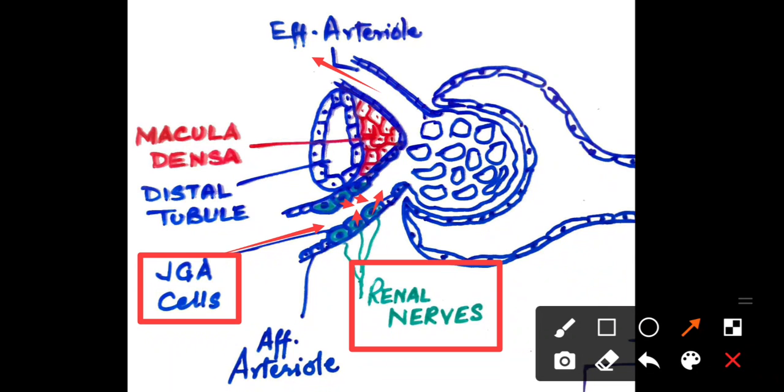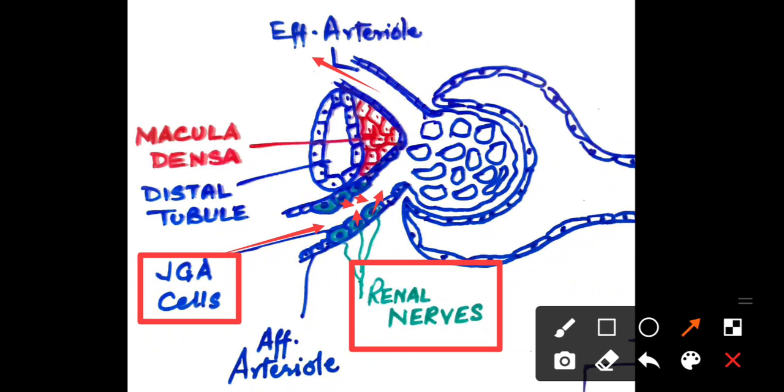Now when the renin is going into the blood, what will it do? It will change a protein, alpha globulin, which is already present in the blood. And I must mention that alpha globulin is secreted by the liver.